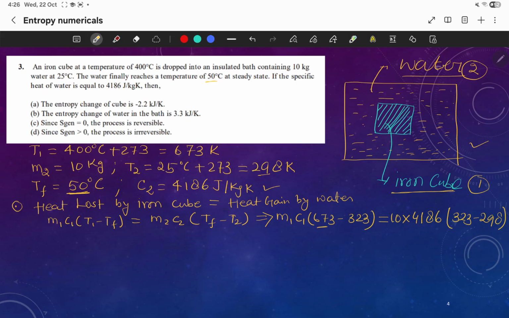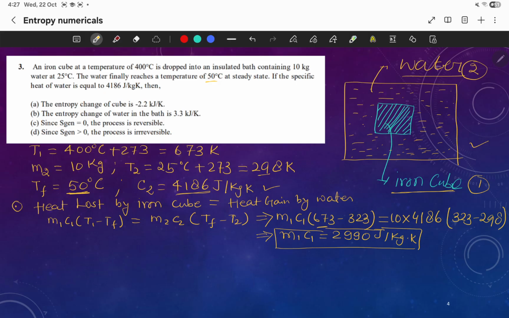So from here we will get M1C1 equals 2990, in joule. Why joule? Because the unit of C2 is in joule per kg Kelvin. This is one relation.